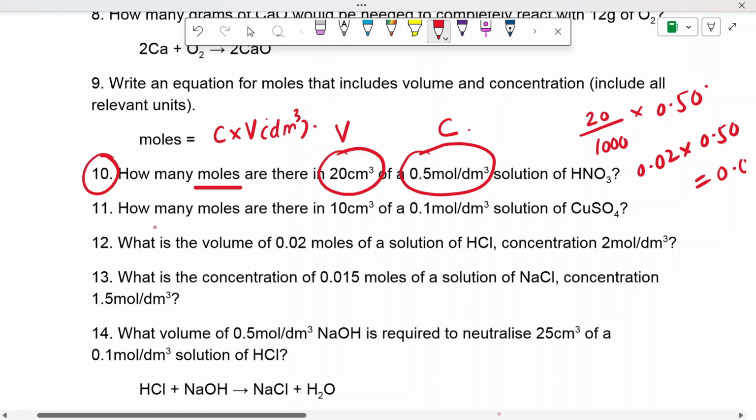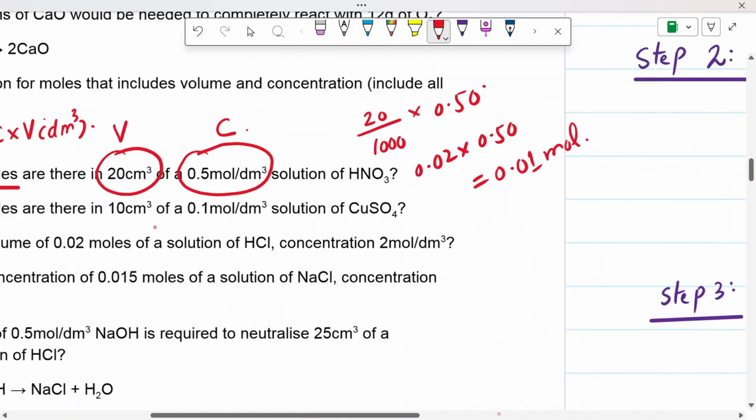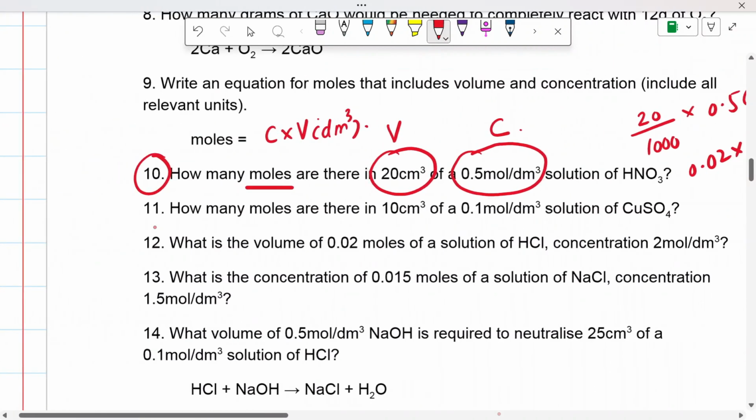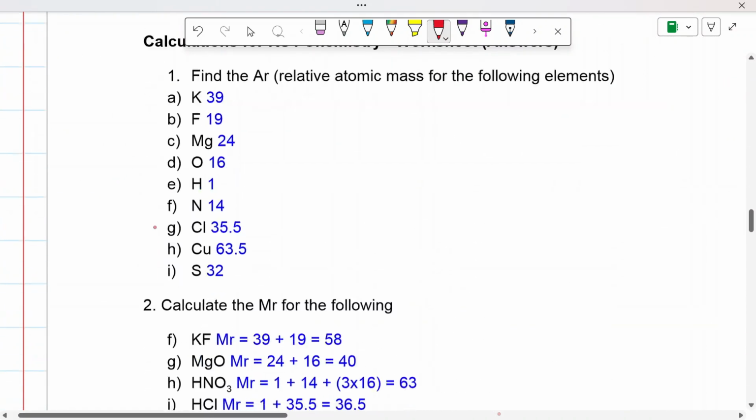This is a real practice question. 10 divided by 1000, which is 0.01, times 0.1 mole. Is it 0.001? Yeah. Let's check the answer of question number 11.